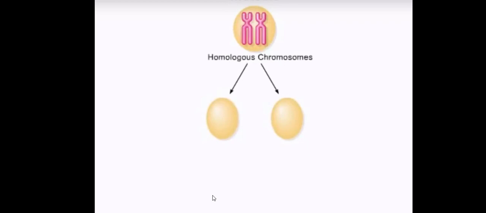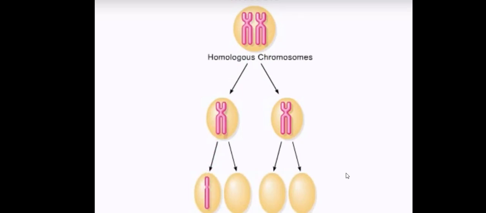During meiosis I, homologous chromosomes separate from each other and migrate to each cell. During meiosis II, the sister chromatids separate from each other and move to each cell. This is the separation of sister chromatids. Sister chromatids separate from each other and form 4 haploid normal cells.